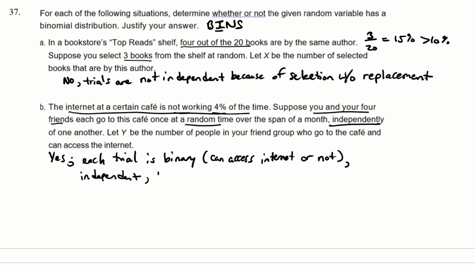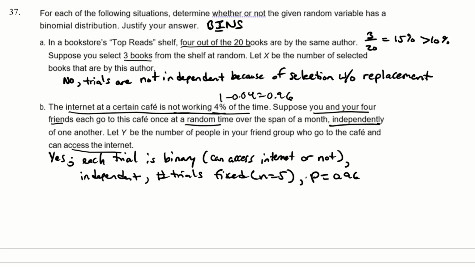Number of trials is fixed, in this case, n equals 5. And the probability of success is the same. P is equal to 0.96, because it says can access the internet, so that means it's 1 minus 0.04, which is 0.96. Okay, so that's it for that one.